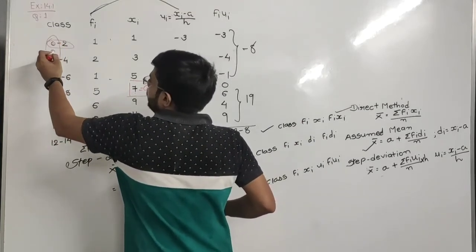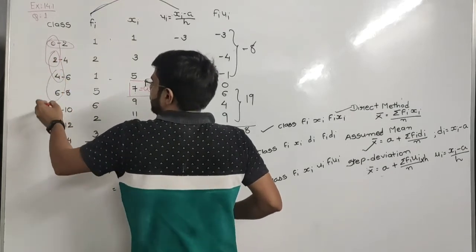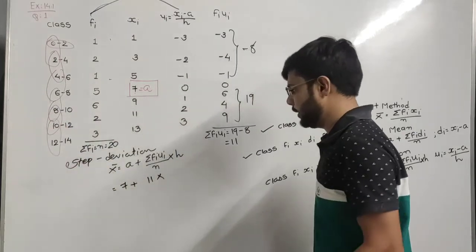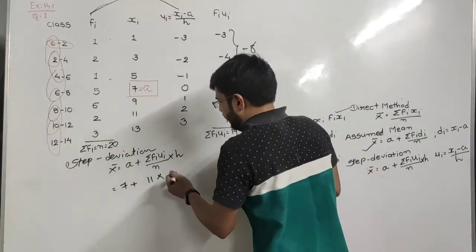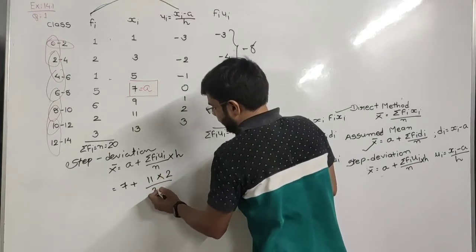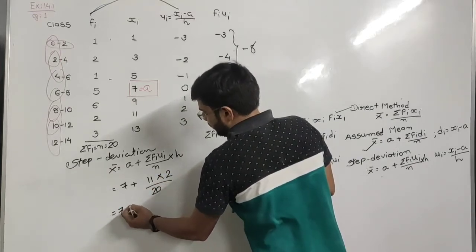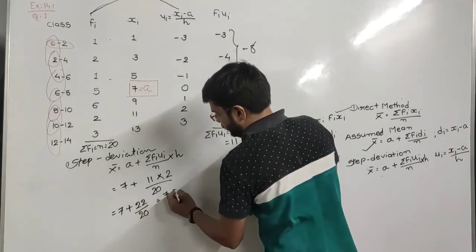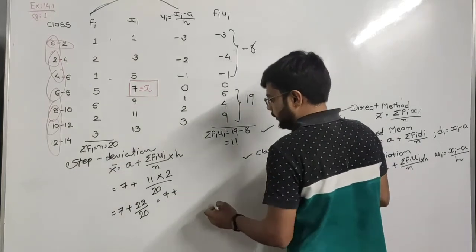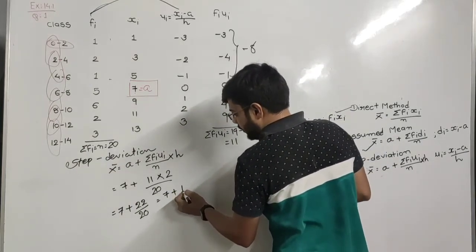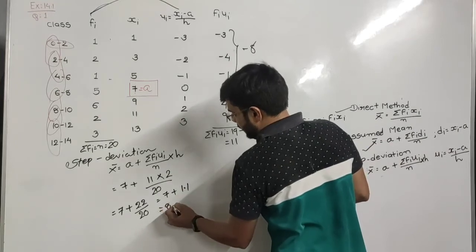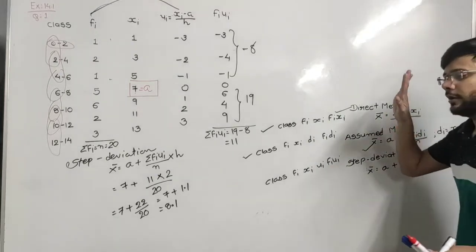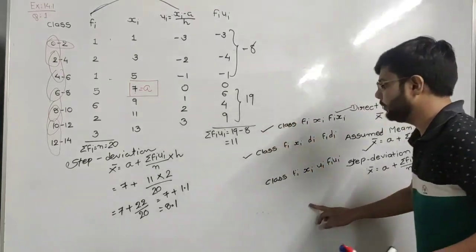So 2 minus 0 is 2, 6 minus 4, 8 minus 6, 10 minus 8, 12, it will always be 2. Therefore 11 multiplied by 2 upon 20. So this will be 7 plus 22 by 20, which is 1.1. So the answer will be 8.1. Whatever method you choose, you get the same answer in all these three methods, right?